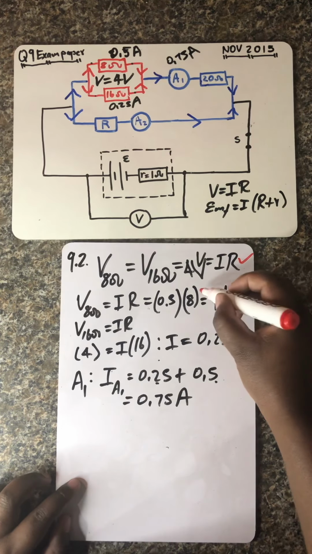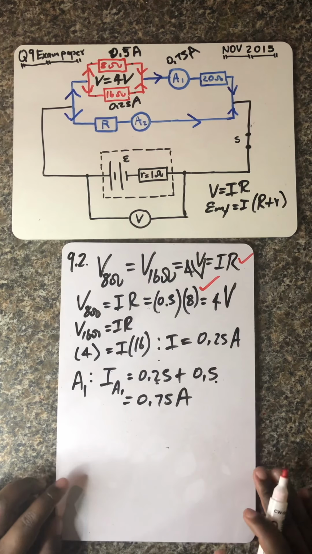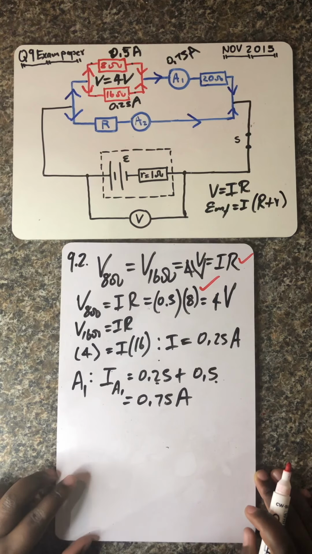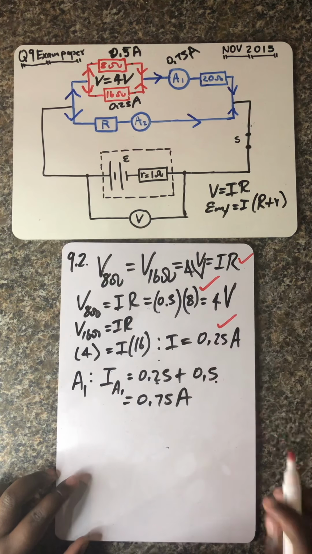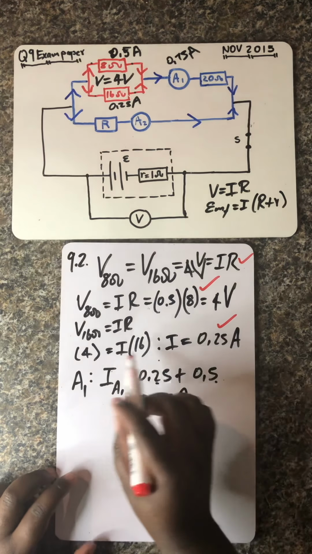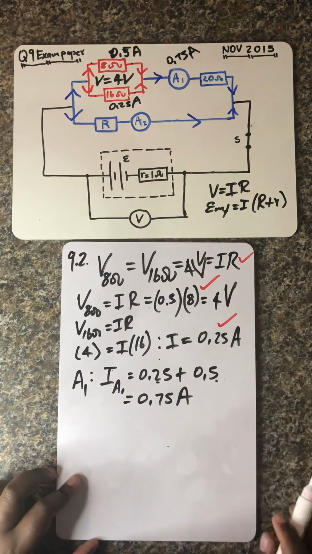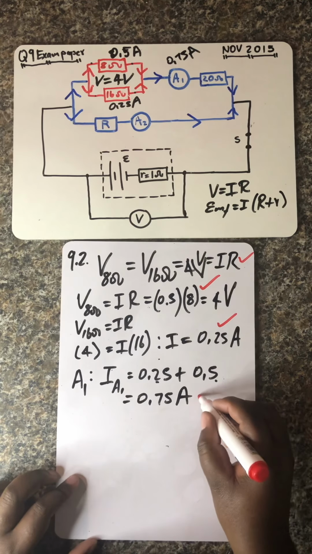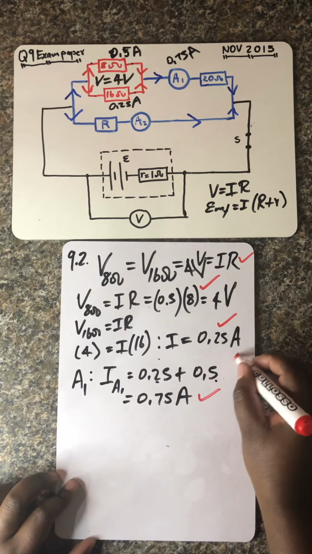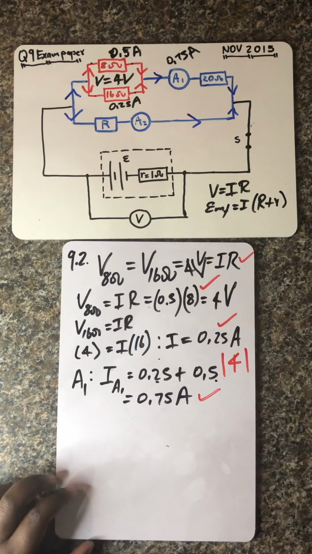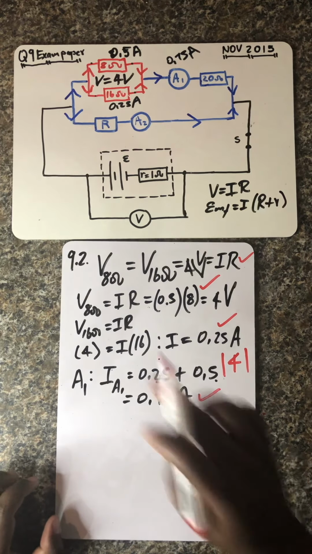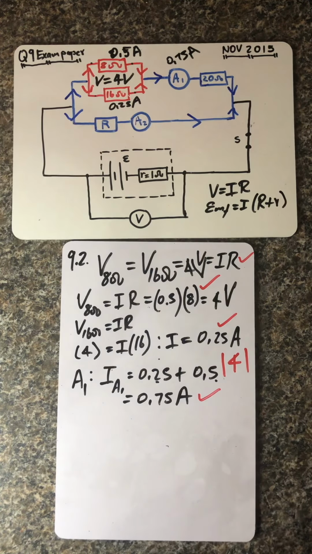The other mark comes from correct substitution, and then they give you a mark for calculating the current flowing through the 16 ohms resistor. Your last mark comes from the final answer where you indicate the current flowing through that ammeter. So this question is allocated 4 marks.